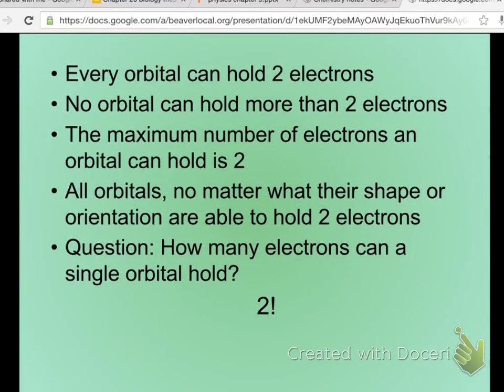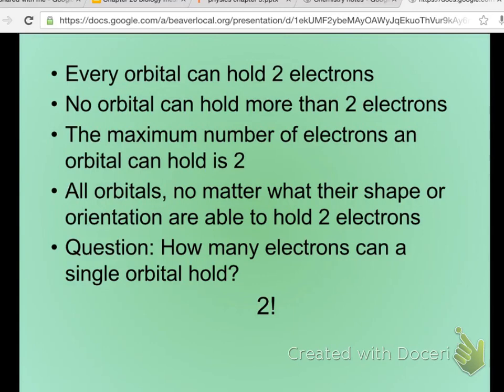We'll start off with a piece of information that you've already figured out just observationally. Guess how many electrons any orbital anywhere in an atom can hold? 2. The maximum number of electrons that an orbital can hold is 2. All orbitals can hold 2 electrons.